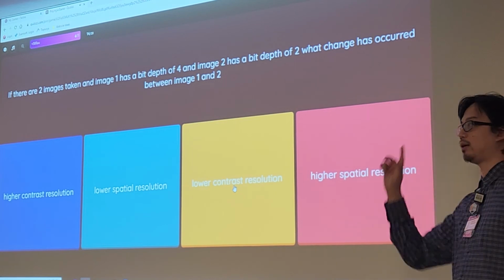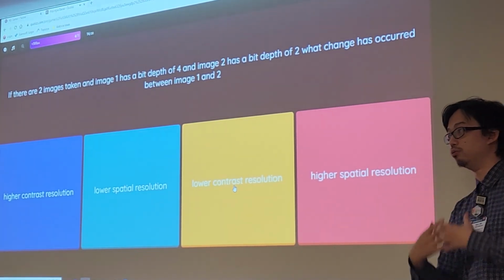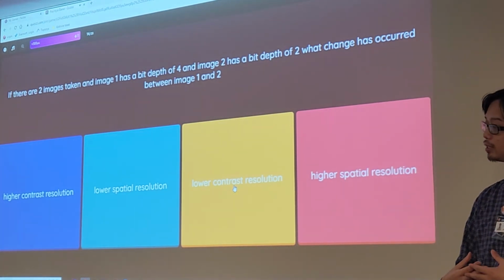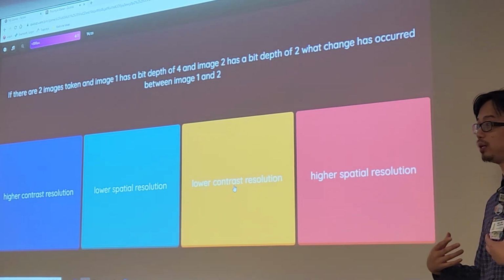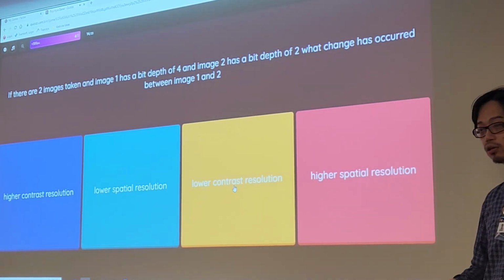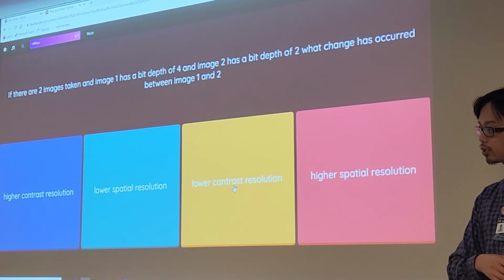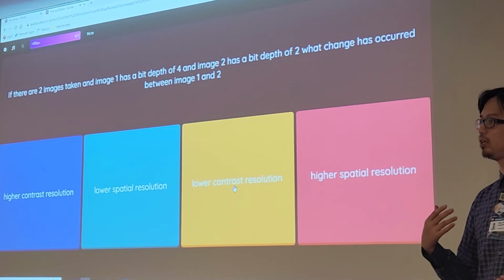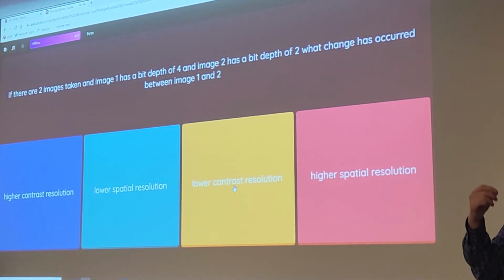Now, let's go back to our really high bit depth, with lots of gray colors. Bone is going to be a really light gray, close to white. Your psoas muscles are going to be a dark gray. Your liver is a slightly lighter gray, and your kidneys a slightly darker gray. So now you can tell them apart, even though they're slightly different.